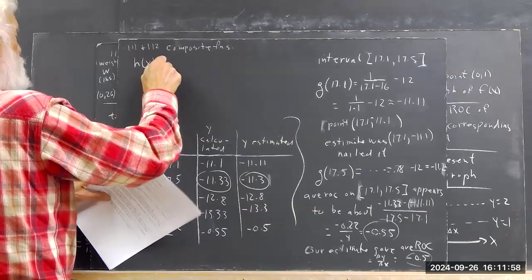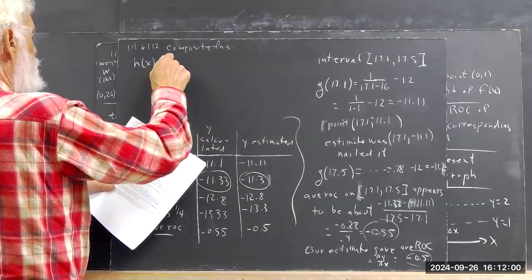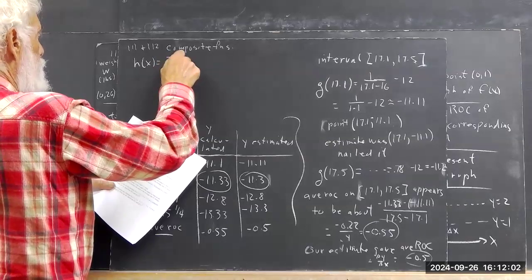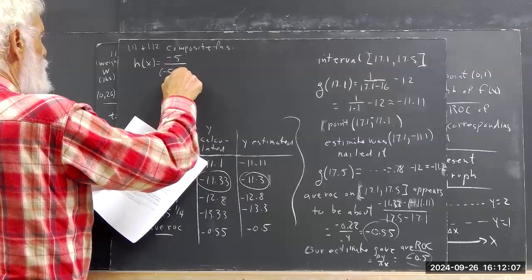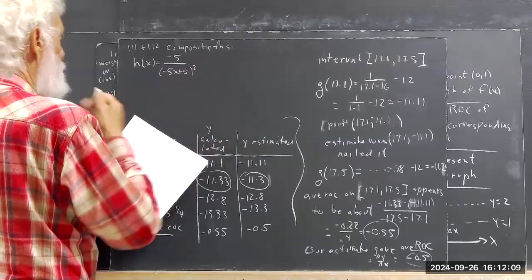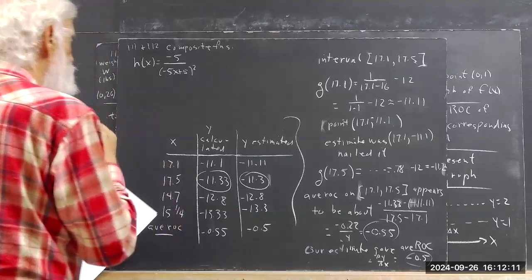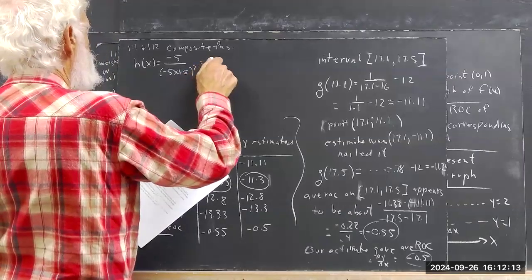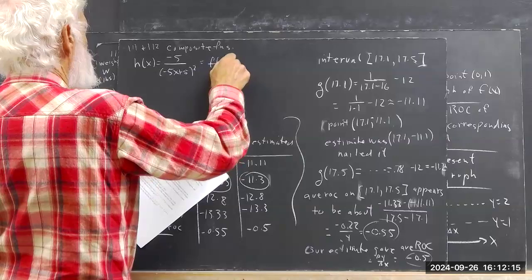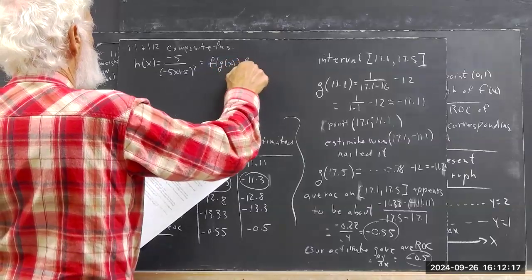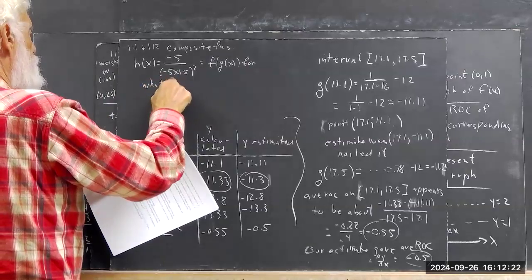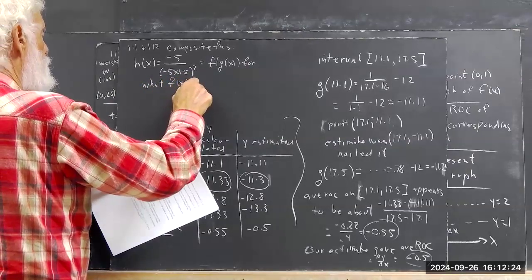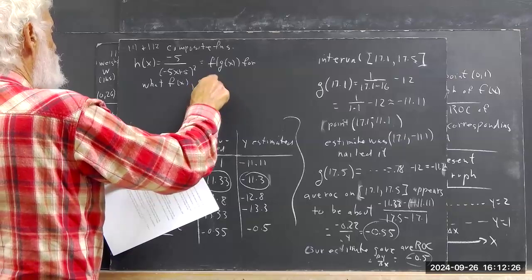h of x equals -5 for the quantity -5x plus 5 squared. This equals f of g of x, or f of x and g of x.